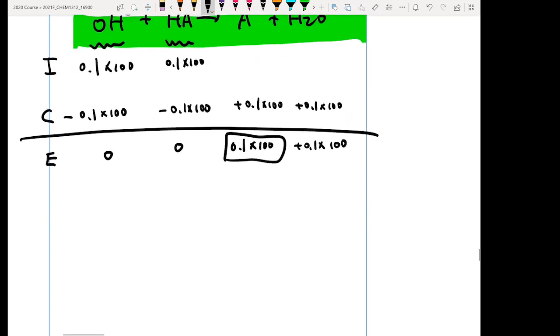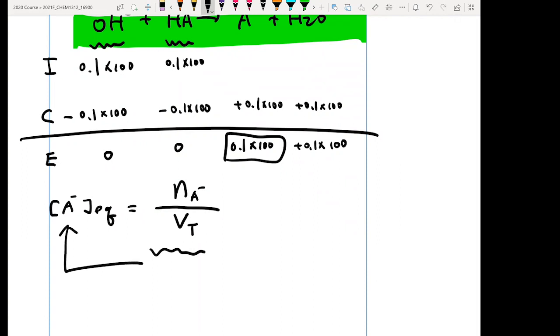So all we need to do is calculate the final A minus concentration at equilibrium. We're going to calculate through the number of moles of my A minus divided by my total volume here. This step is very important because that's how you calculate the A minus concentration. So here the number of moles is 0.1 times 100 mL, right?